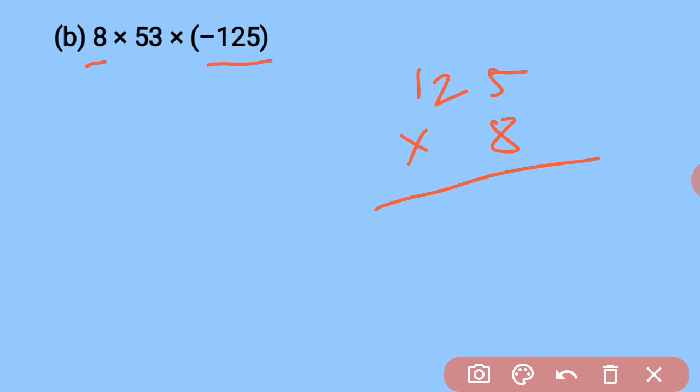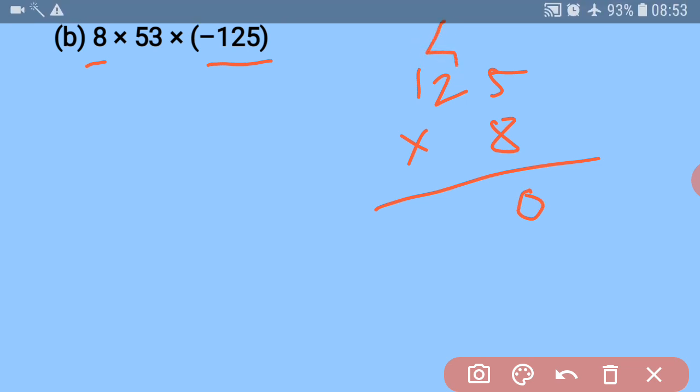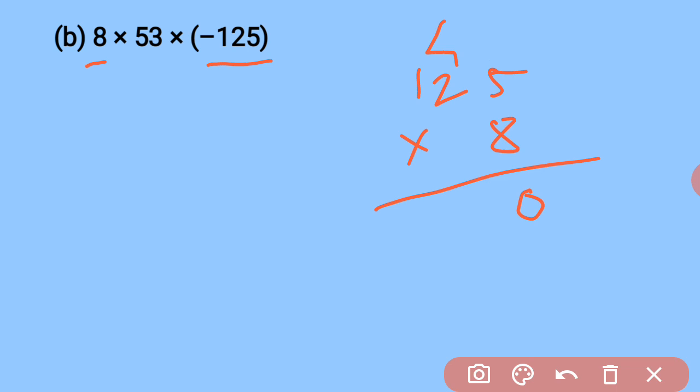Here unit place is 8 and 5. When multiplied, it gives you 40, 4 carryover and all, you know that. The most important thing is the answer will have 0 in its units place or ones place, right?